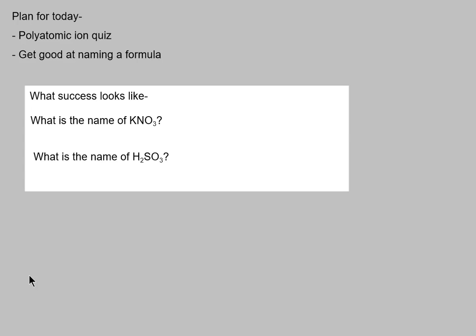All right. So today the plan, polyatomic ion quiz. We did that. And then the next is to get good at naming a formula. So it's sort of the reverse. And I don't remember if we got here at all yesterday. But instead of finding the formula from a name, we're going to find the name from a formula.